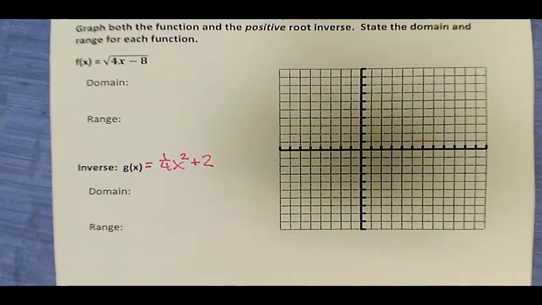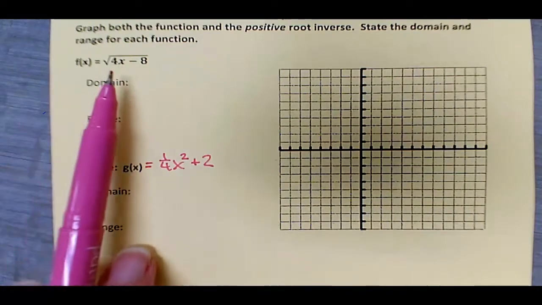So it is now your job to do two things. You need to graph the inverse and the original function, and you need to identify the domain and the range. I would advise on your parent function that you use the transformations. For example, you should shift 2 up, and you should have a horizontal compression by a factor of 1/4.